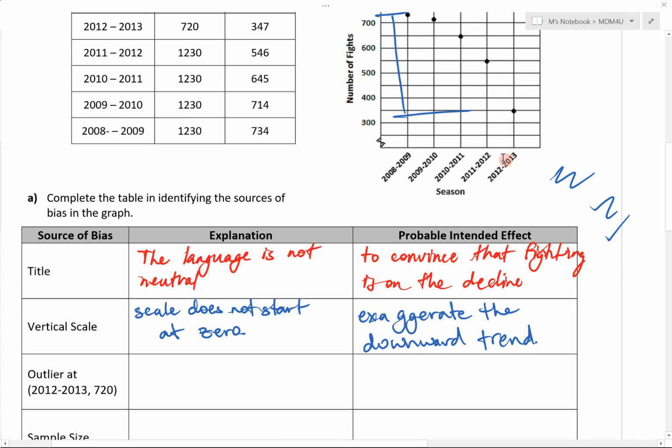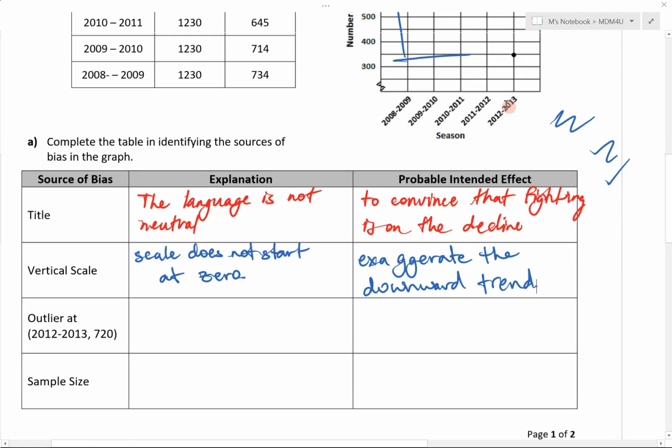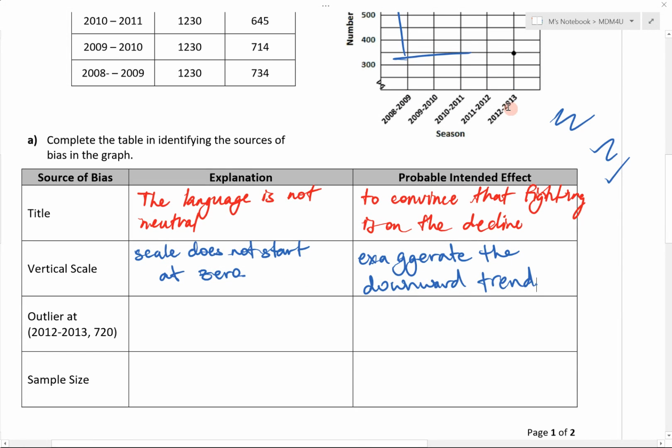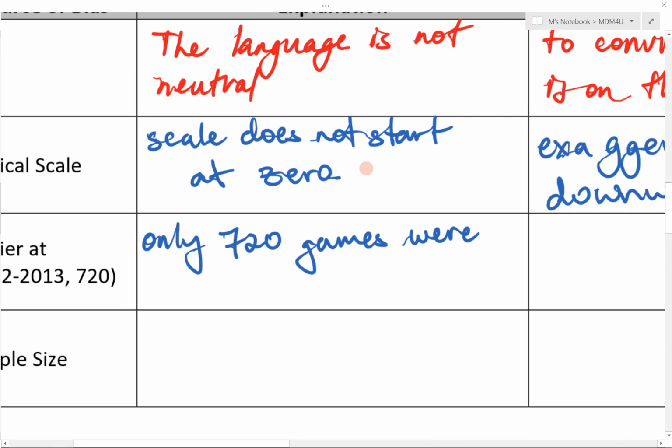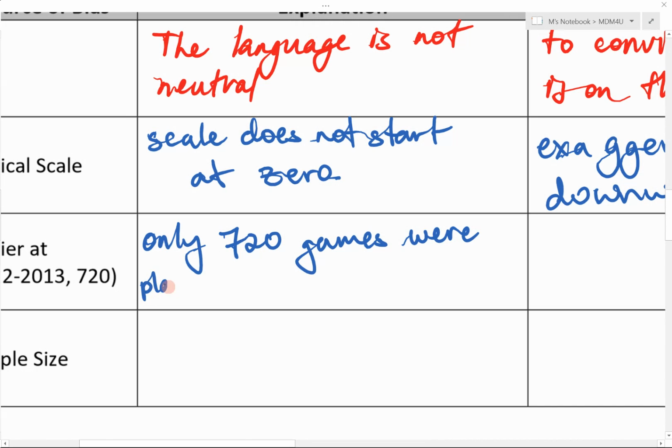So they're trying to exaggerate again the downward trend, due to this one thing out here that's saying that there was a strike. Okay, so only 720 games were played due to a strike.